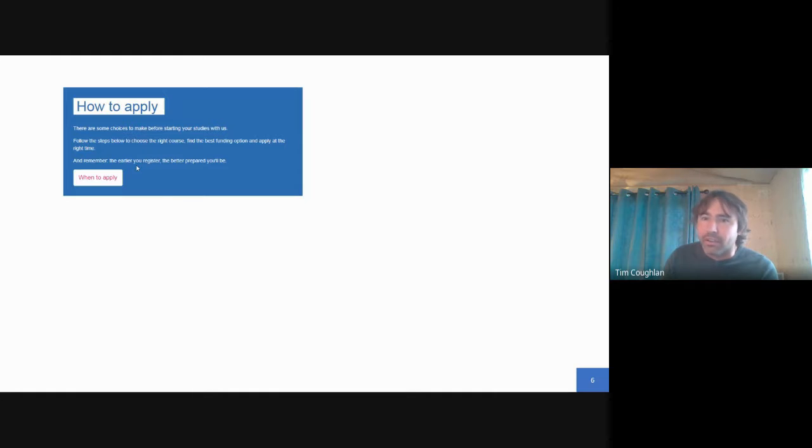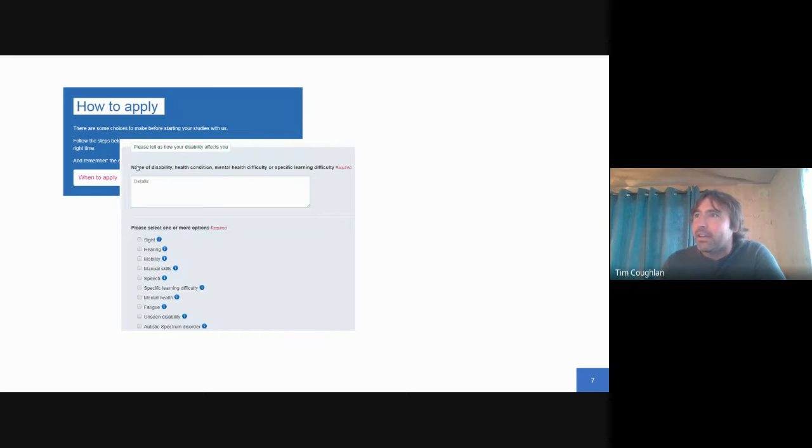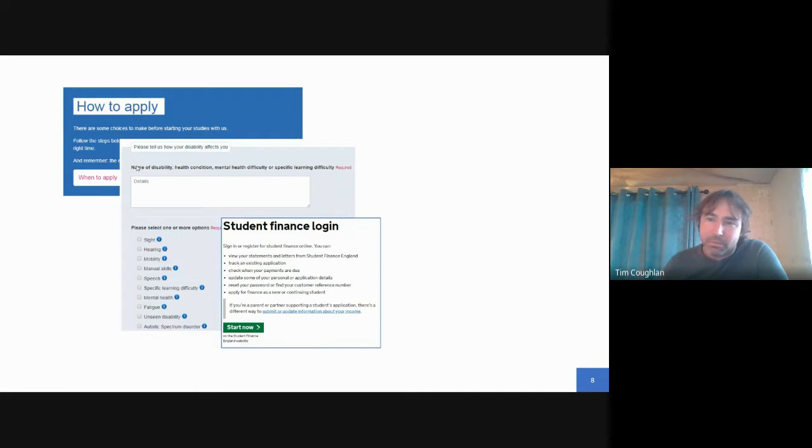So just to give a brief sense more of what this is like, if you first start applying with the Open University, you've got your application process. You then get this disability support form, which is another form you have to do. You then probably apply for student finance. So that's loans and money to pay for your study and any other associated costs.